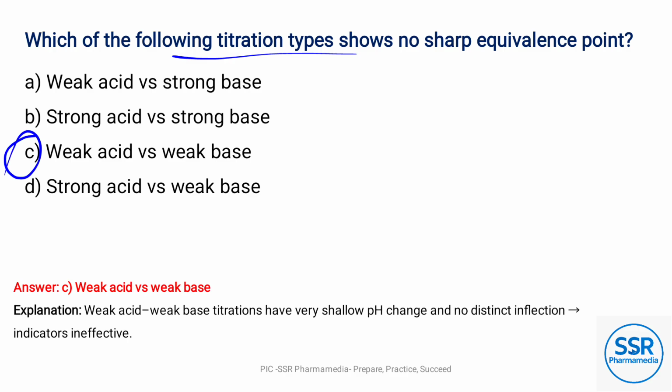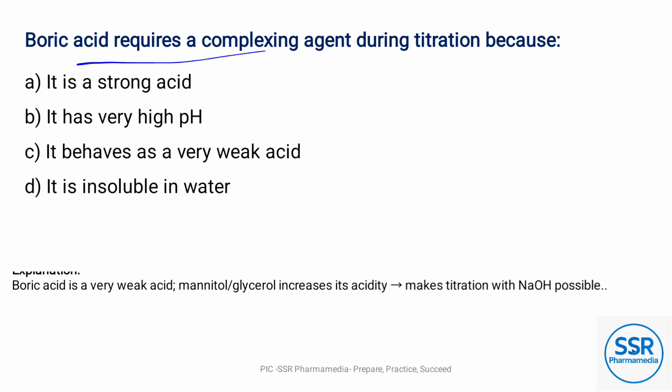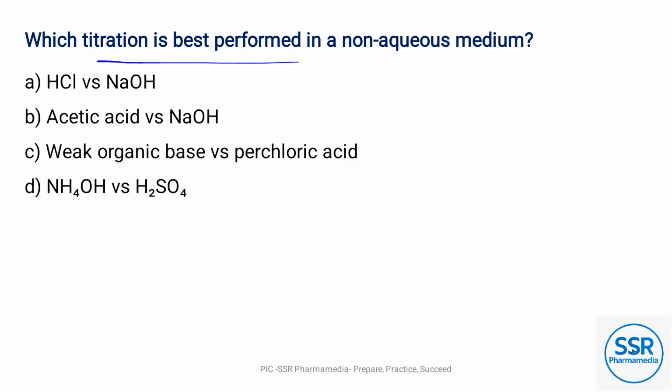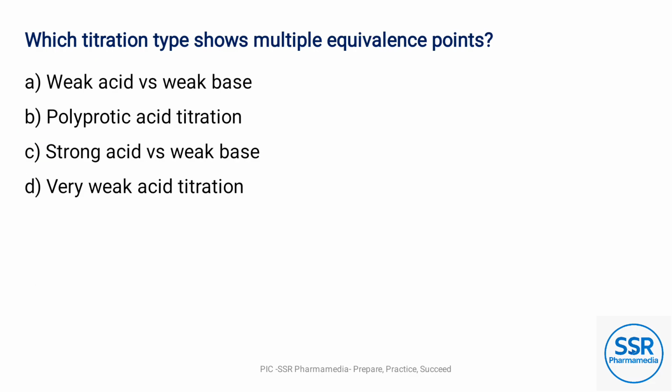The answer is option C, weak acid versus weak base. Boric acid requires a complexing agent during titration because, option C, it behaves as a very weak acid. Which titration is best performed in non-aqueous medium? Option C, weak organic base versus perchloric acid.